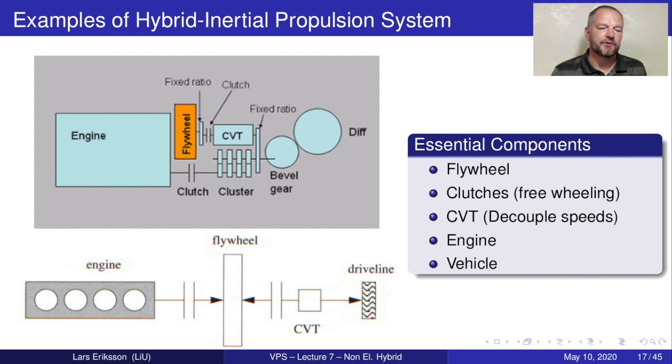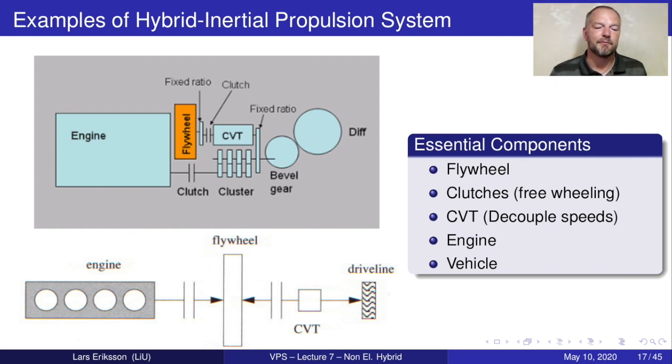Then there's a clutch to decouple the flywheel from the rest of the driveline, and there's also a clutch to decouple the engine so that you can turn the engine off and reduce the idling losses. But the most critical components are that we have two clutches. We have the CVT.